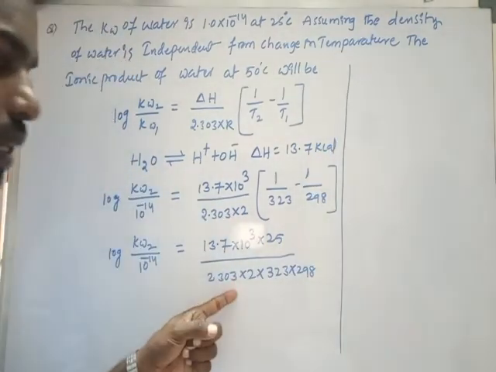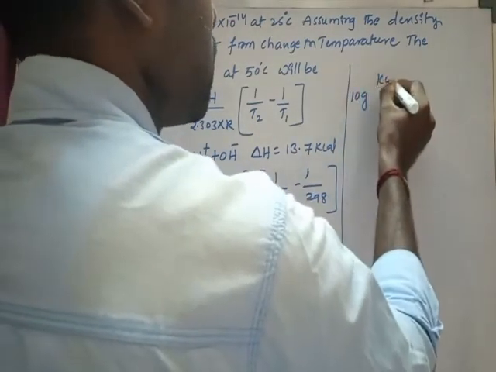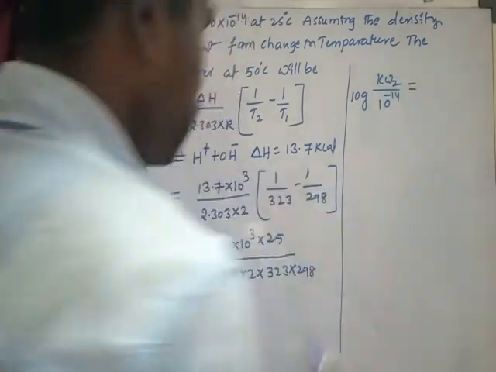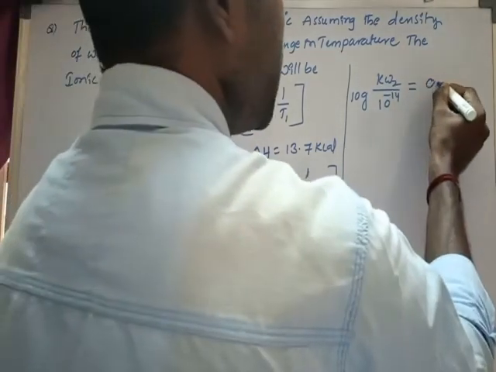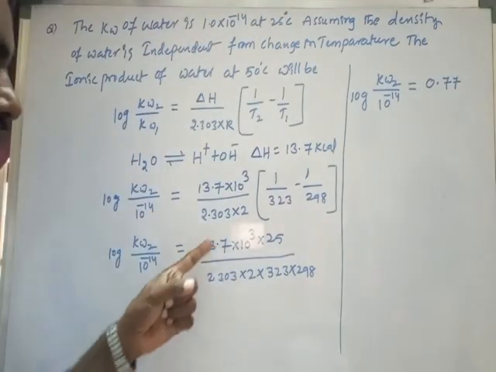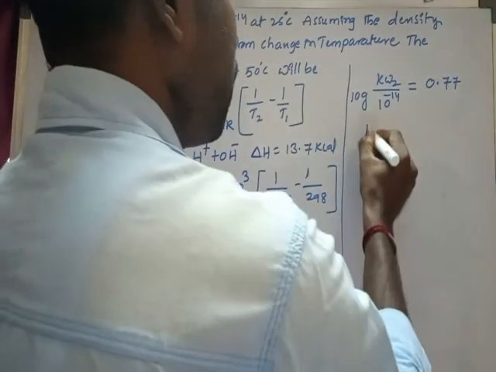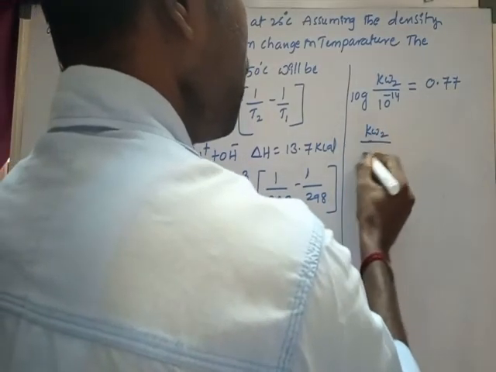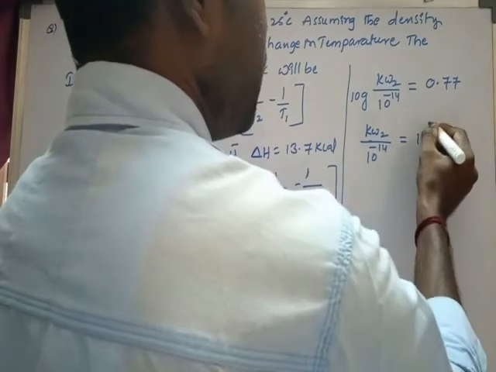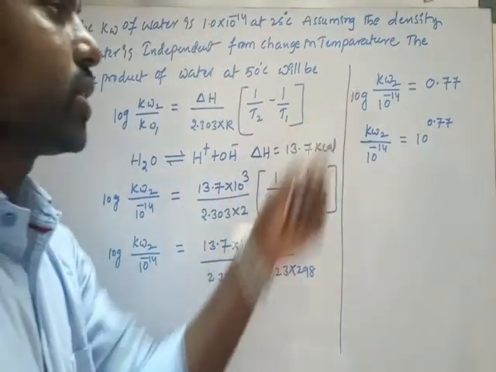Now if we simplify this, we will get log Kw2 by 10 to the power of minus 14 equal to 0.77. From there, what we can write: Kw2 by 10 to the power of minus 14 equal to 10 to the power of 0.77, here base 10.